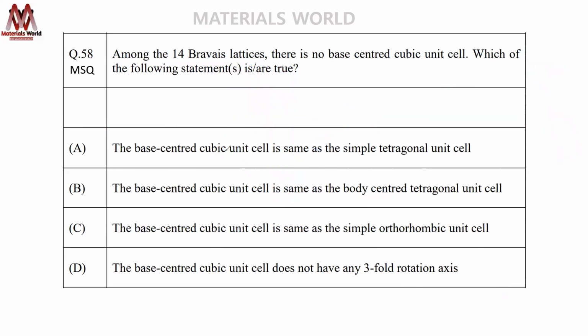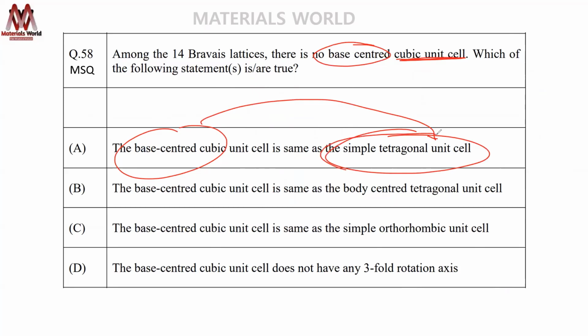So it's correct that base centered cubic is not possible because it will repeat the primitive of some structure. It is tetragonal actually. I will show you. But that is not the only criterion, because it is repeating. We already have primitive tetragonal. Then why do we need an extra BCT, base centered?